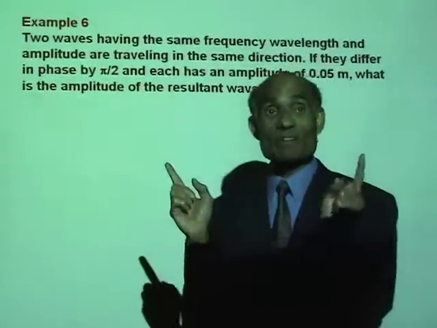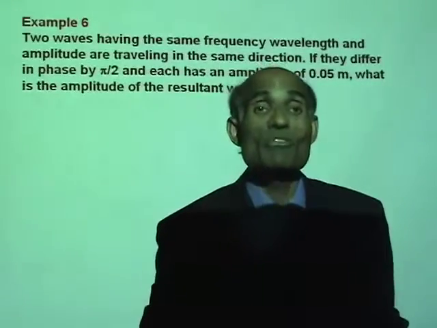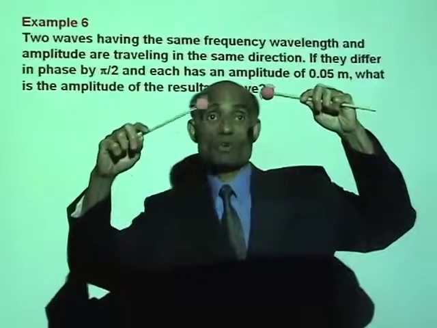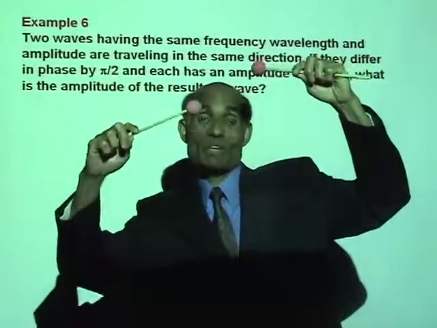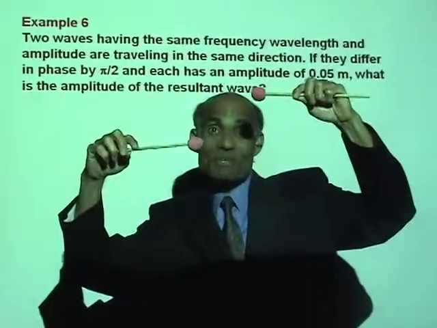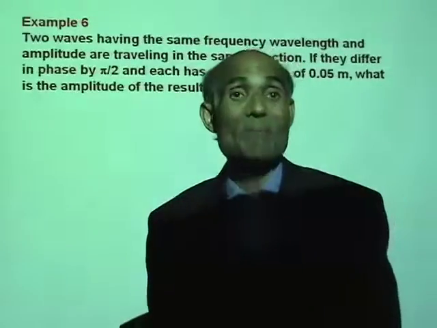Well, they differ in phase by pi/2. What that means is, if one disturbance causes a particle to be on the crest, the other disturbance wants the particle to be at the equilibrium position. That is a phase difference of pi/2.